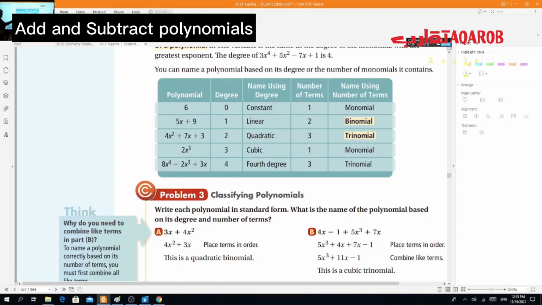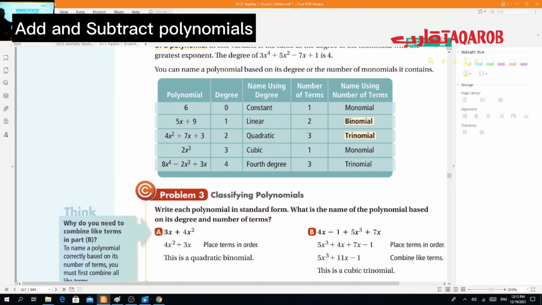Here, I have 2x to the power 4, 2x to the power 3, plus 3x to the power 1. I look for which monomial has the highest power. It's the first one, which is 4. So the degree of this polynomial is 4.